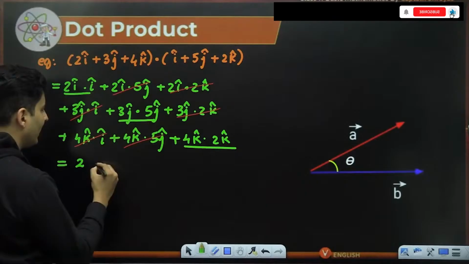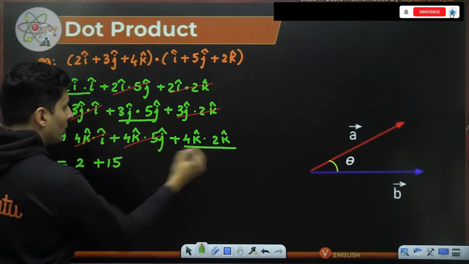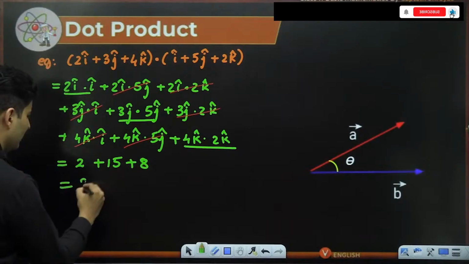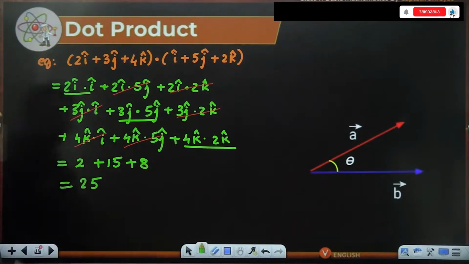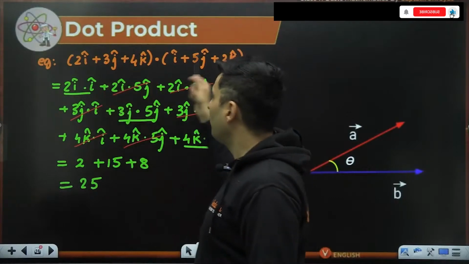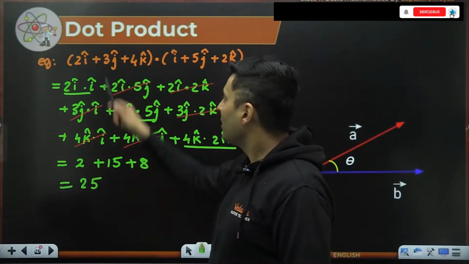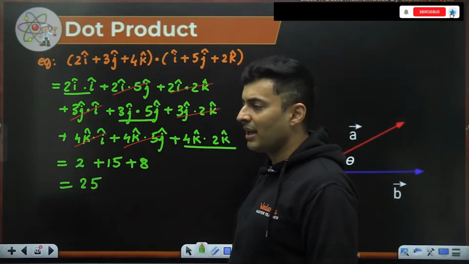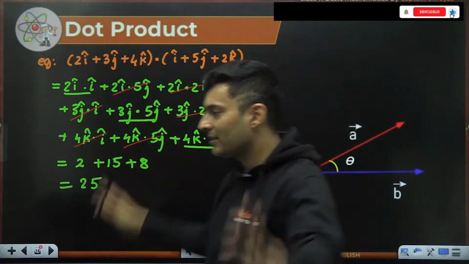J into J is 1, 3 5s are 15, 4 2s are 8 because K into K is 1. So 8 plus 2, 10. So this is nothing but 25. What is that interesting thing that you saw? Whenever you have a big term like this, I will go with I, J will multiply with J, K will multiply with K. Anything else will be 0.